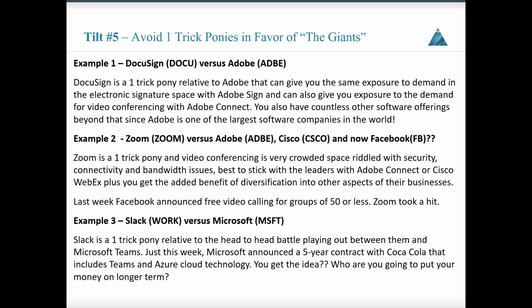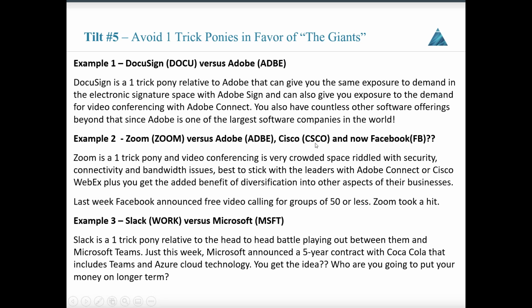A lot of these are going to be great acquisition candidates, DocuSign, Zoom, Slack. They're going to be acquired at some point by the larger players, but at what cost, I don't know. It's just, this is a real safety play. The one-trick ponies can give you a ton of alpha, but they can also bring in a lot of risk to your portfolio. I much prefer the diversification play.